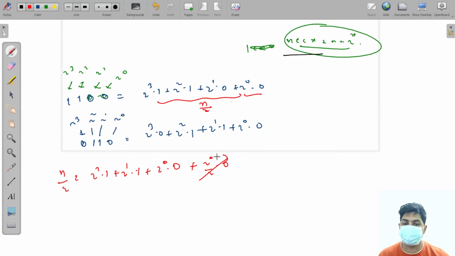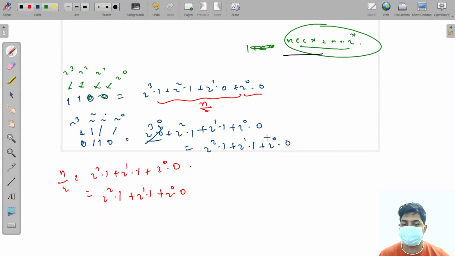Okay, so 0 multiplied by something is 0 only. So we can simply skip this part. So it will be 2 raised to power 2 into 1 plus 2 raised to power 1 into 1 plus 2 raised to power 0 into 0. Now if you look here, here also it is 2 raised to power 3 into 0, so it will be 0 only. So if we write it, it will be 2 raised to power 2 into 1 plus 2 raised to power 1 into 1 plus 2 raised to power 0 into 0. Now if you look at both of these two, they are exactly same.